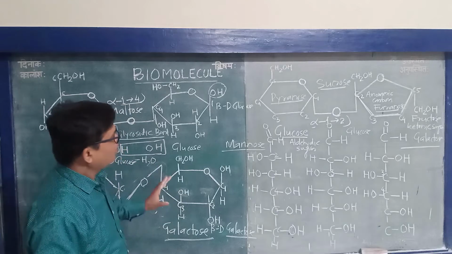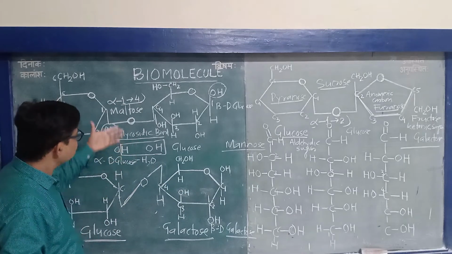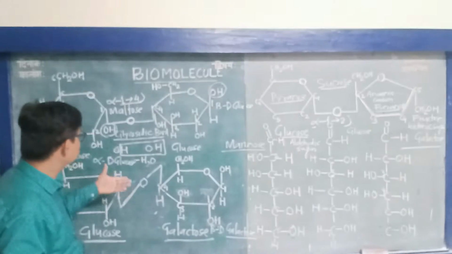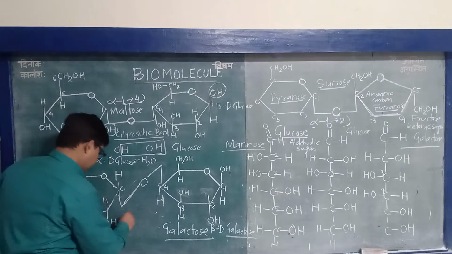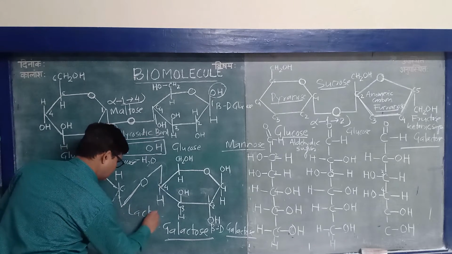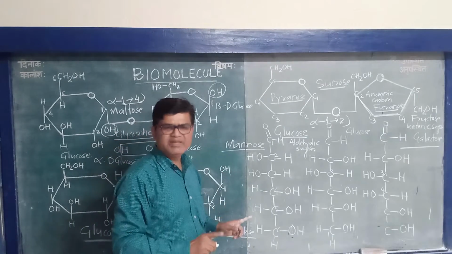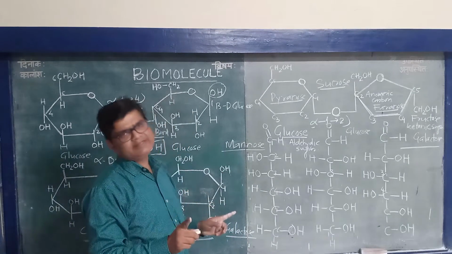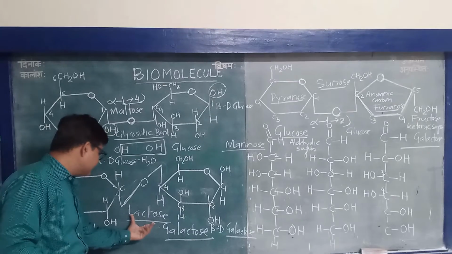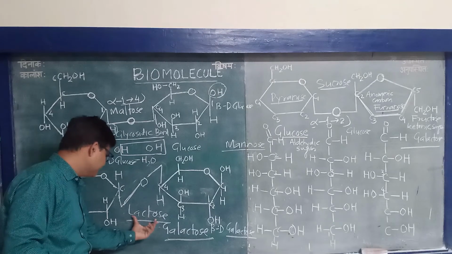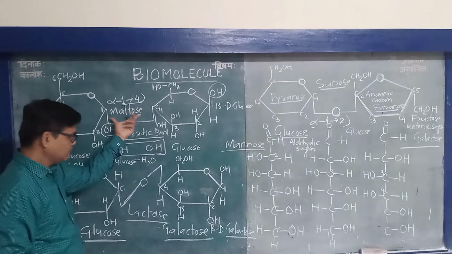Okay. Now, a question will ask: which of the following are reducing sugars? You will get the choices maltose, lactose, and all monosaccharides. It means all monosaccharides are reducing sugars. In case of disaccharides, lactose is a reducing sugar and maltose is a reducing sugar.